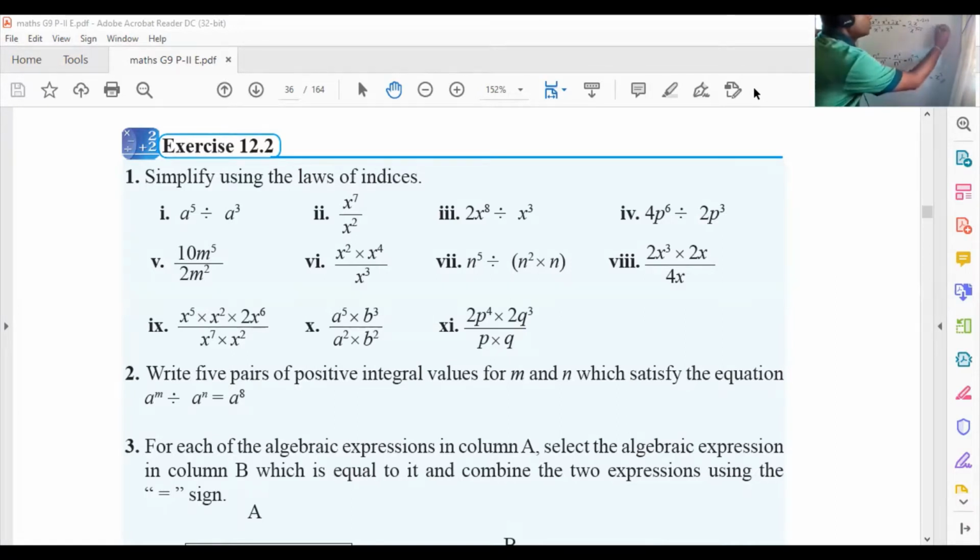Then it is 2x to the power 7 plus 6, 13, divided by x to the power 9. That is 2x to the power 13 minus 9, because when we are dividing, indices should be subtracted. That is 2x to the power 4.